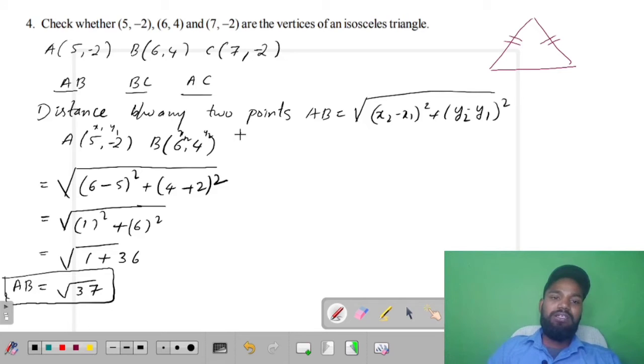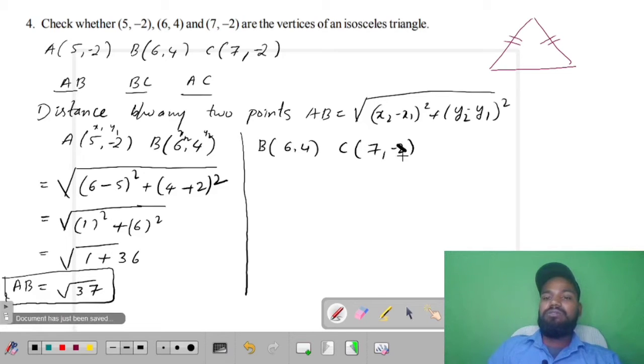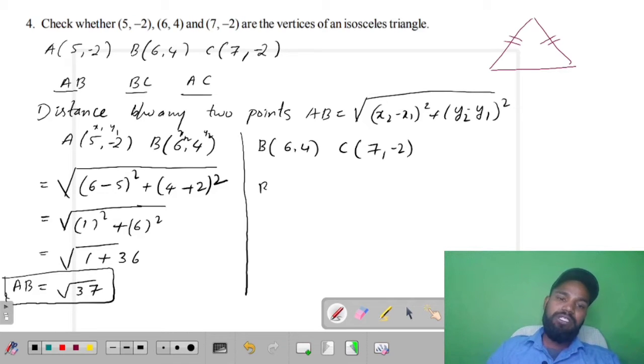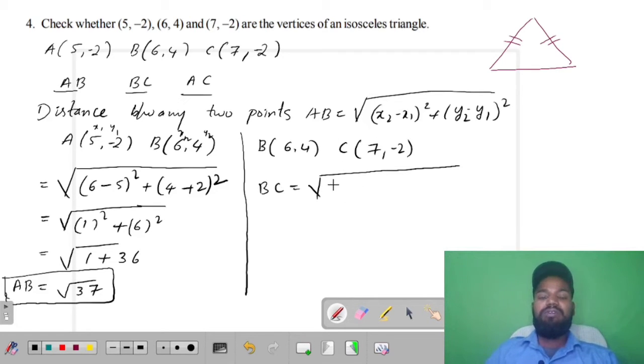Next we are going to find the BC distance. Point B is (6, 4) and C is (7, -2). Substituting in the distance formula, we get x2 minus x1 where x2 is 7 and x1 is 6, whole square, plus y2 which is -2 minus y1 which is 4, whole square.